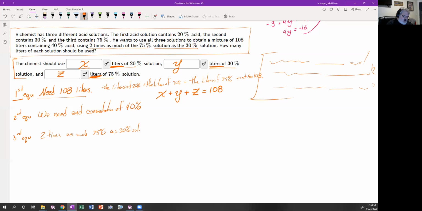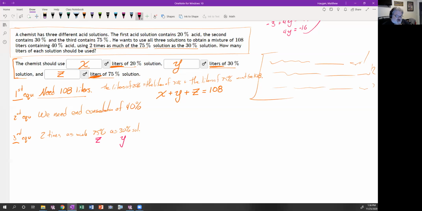Let's hold on to the second equation for a minute. I want to jump to that third one just because I do. We have 2 times as much 75 as 30. So just for notational convenience, 2 times as much Z as 30%, which was the Y, right?